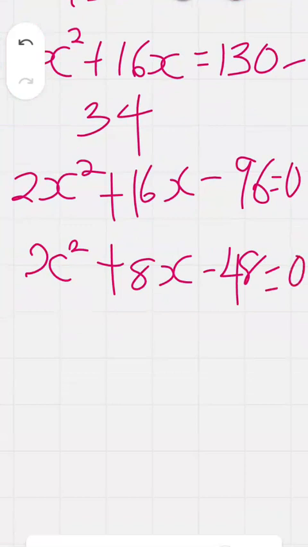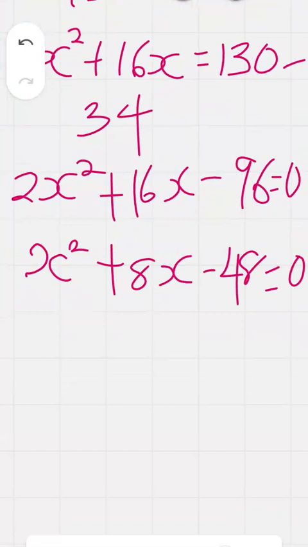The reason why we divide is to make it much simpler, or reduce the load. Now that we have x squared plus 8x minus 48 equal to 0, we can use many formulas. Most of you, I know, will fear the quadratic formula, but it's the formula that you will always find behind your logbooks, or in your 4-figure table.